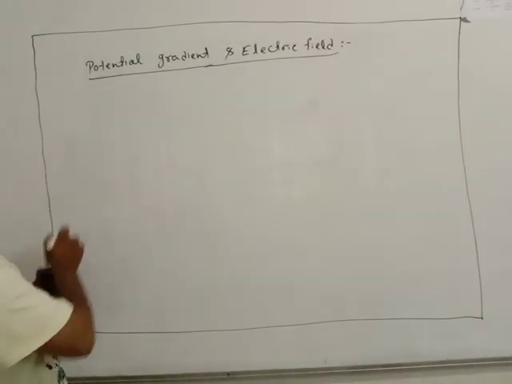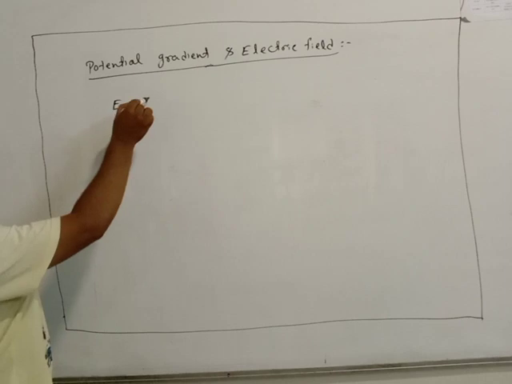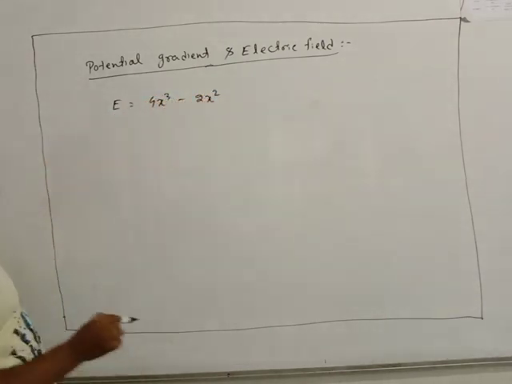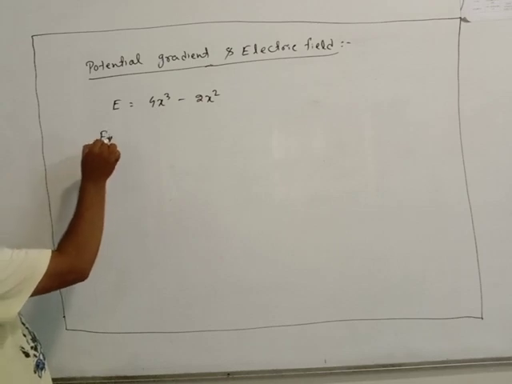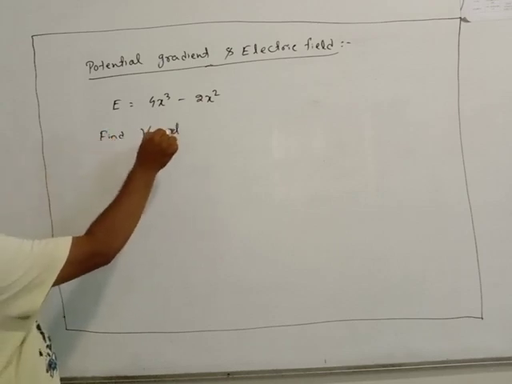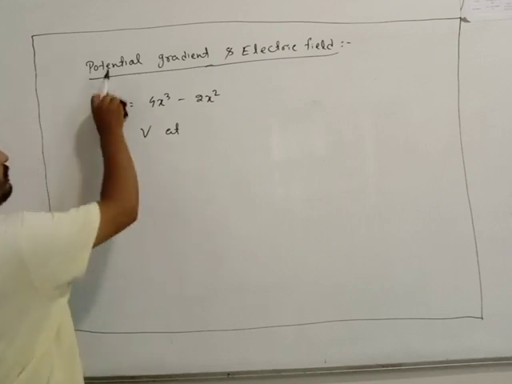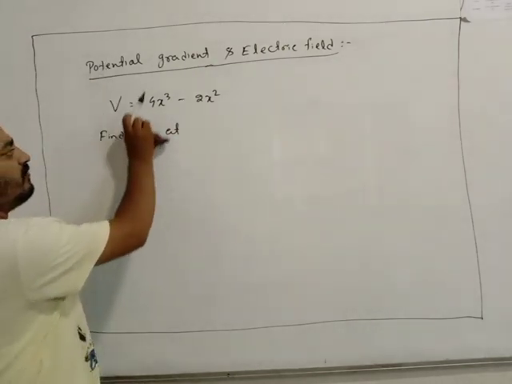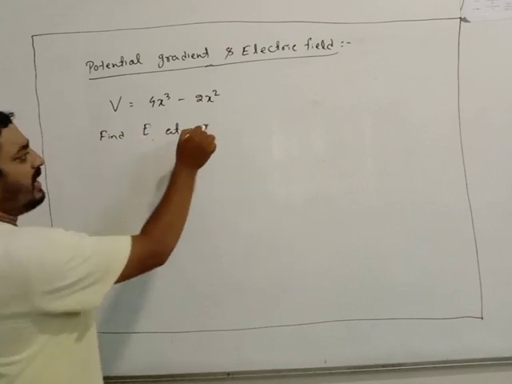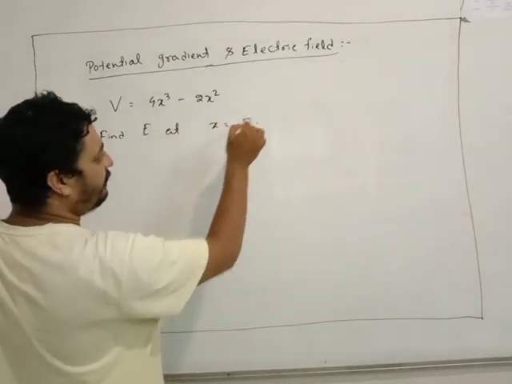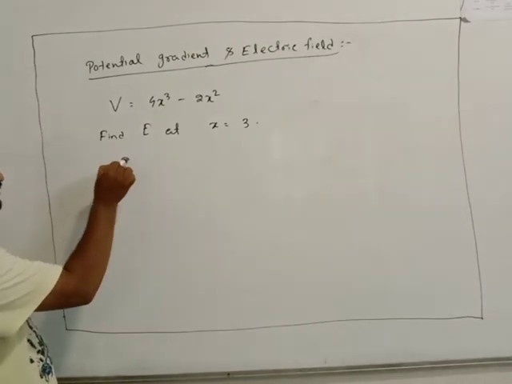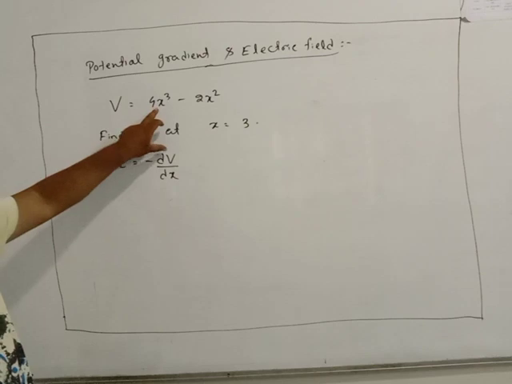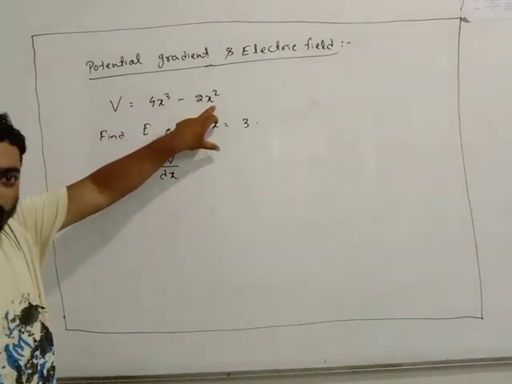Let the potential be given by 4x cube minus 2x square. Find E at x equal to 3. So, E will be minus dV by dx because the potential changes with respect to x only.